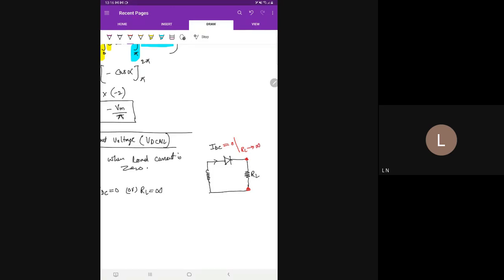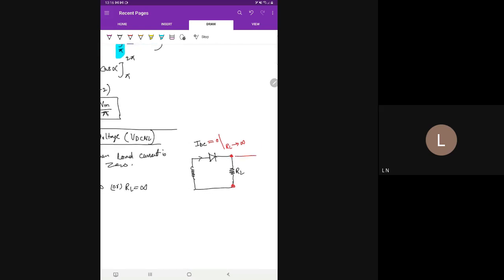Whatever voltage is measured across these 2 points is called VDC no load, the output DC voltage of the rectifier with no load.